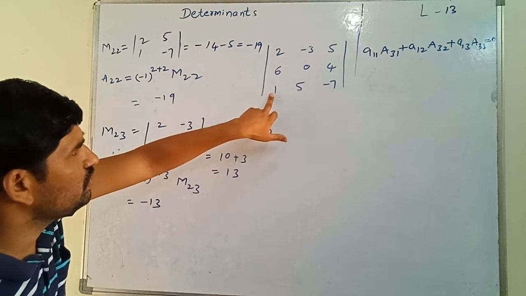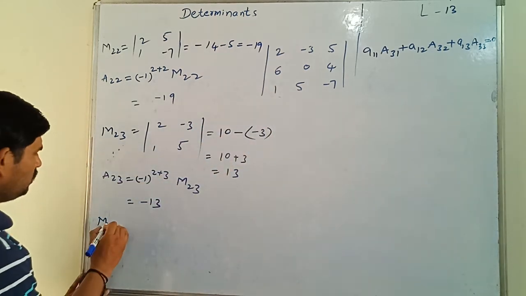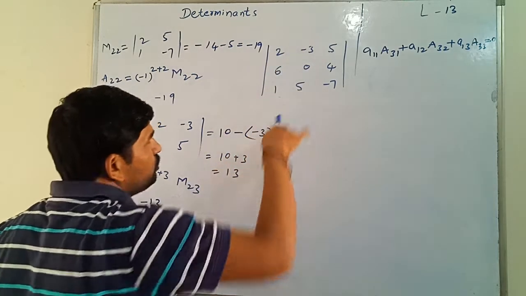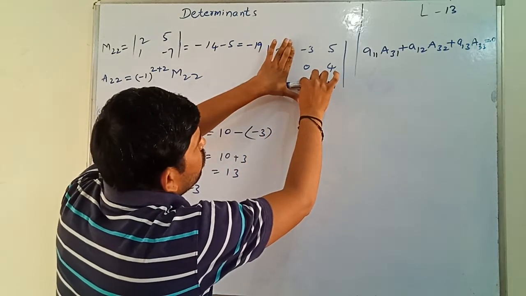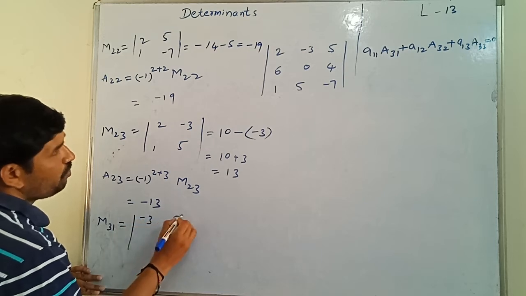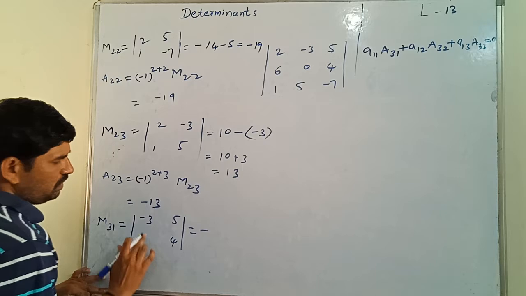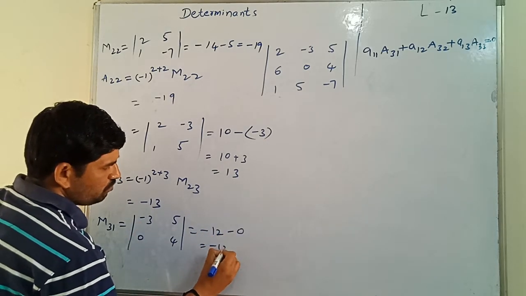Now we are taking the element 1. For the minor of the element 1, we write the address 3 1. Yes or no? Third row first column. I am going to close this one. By closing this, what is left? Minus 3, 5 and 0, 4. Then the cross multiplication is minus 1 plus minus 4 3 are 12, minus 0, it is minus 12.